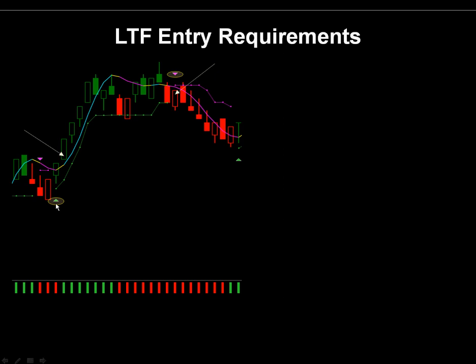On the 5 range, the lower time frame chart, first we must have an entry triangle. If we're looking for a long opportunity based on the higher time frame, then we need to see a green triangle.